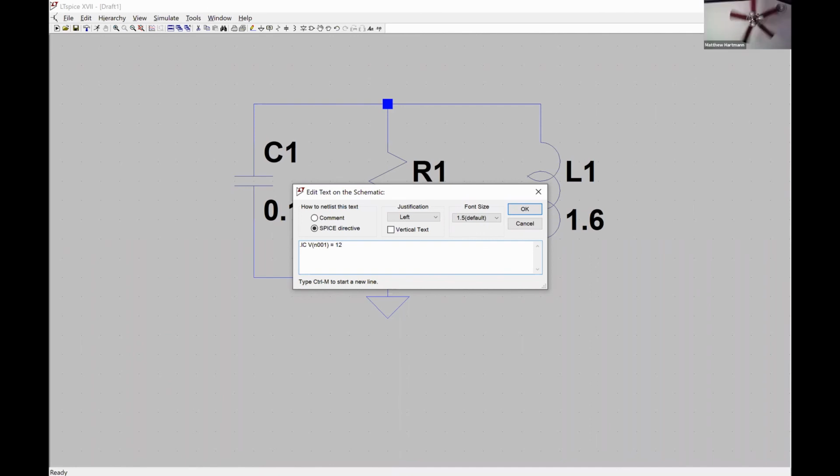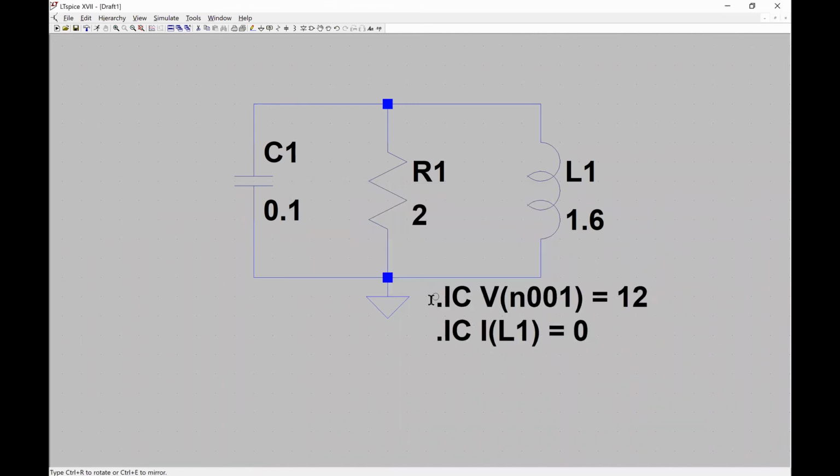Control M for new line. The initial condition on my inductor current was 0 amps, I believe. Yes. All right. And let's see, alpha is 2.5 per second.